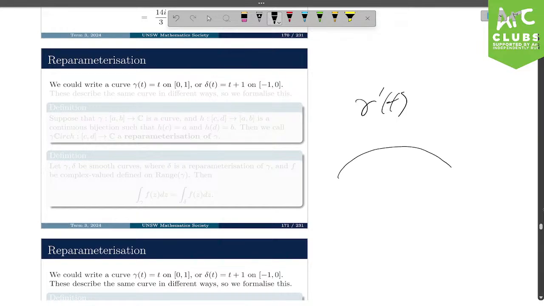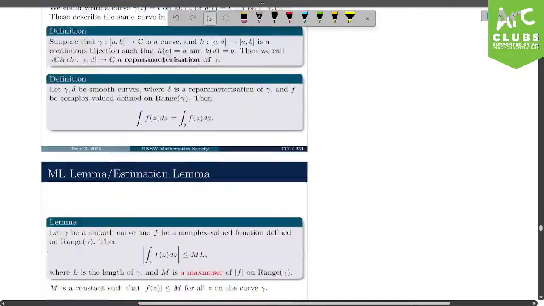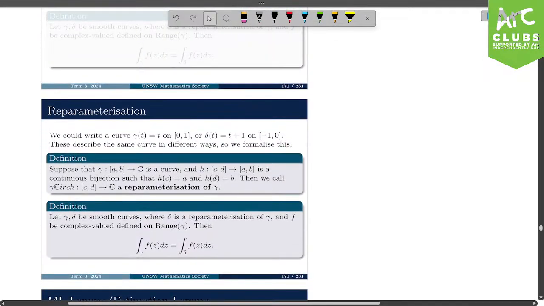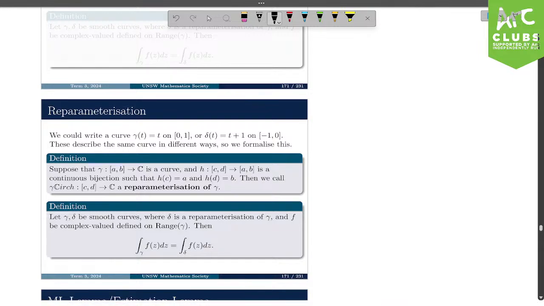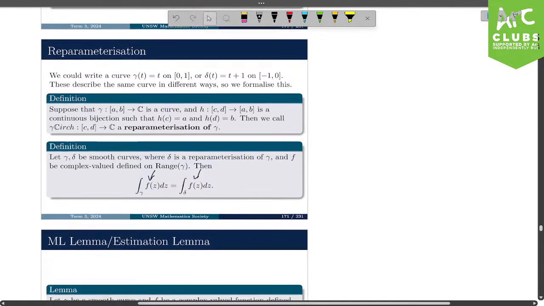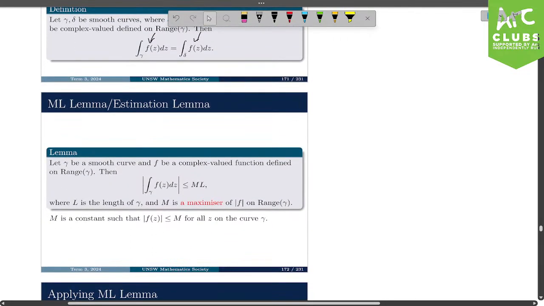So since we're dealing with the same curve, we understand that we can perform a reparametrization, and the value will be the same, okay? Given that the range of my function is still the same, all right? And we're still evaluating with the same function f, all right? Fantastic.